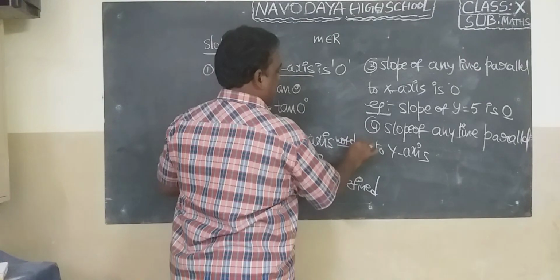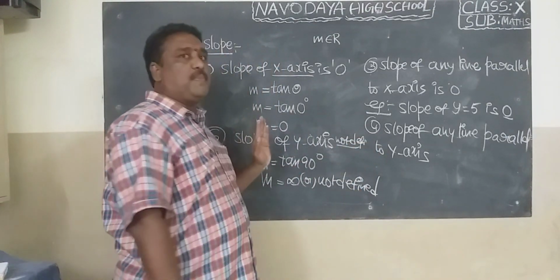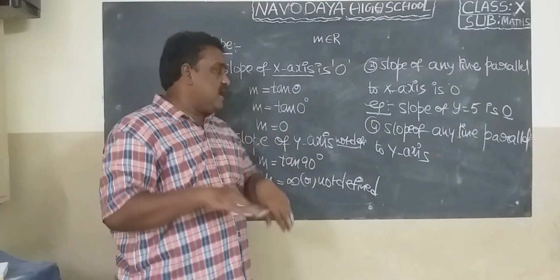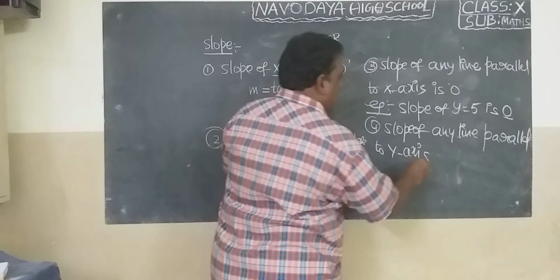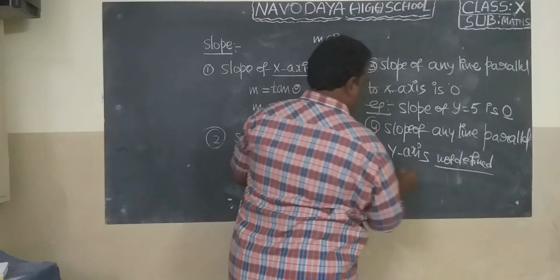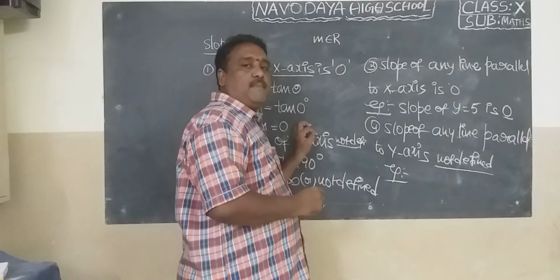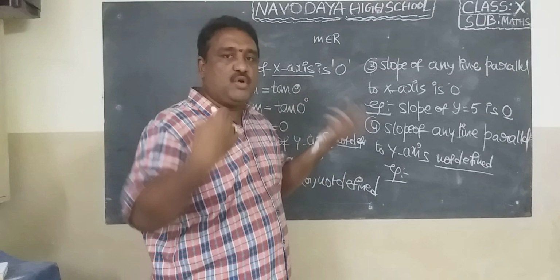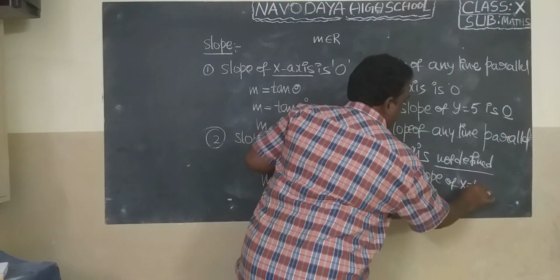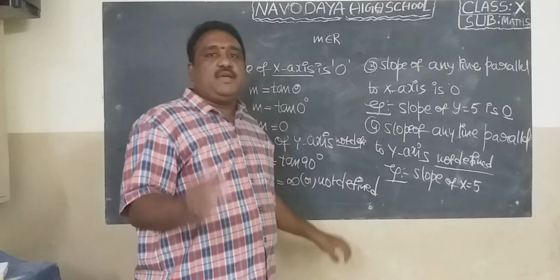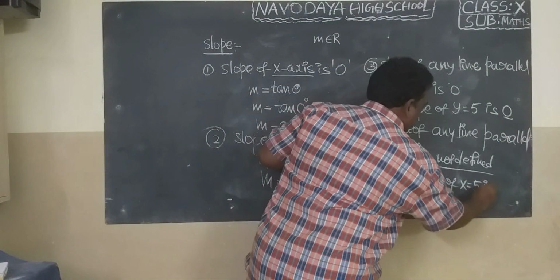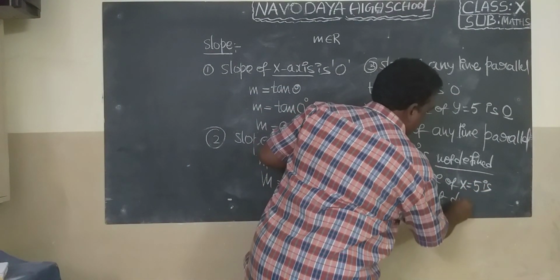Not only the slope of the y-axis is not defined, the slope of any line parallel to the y-axis is not defined. What are the lines parallel to the y-axis? x equal to any number. x equal to 5 is a line parallel to the y-axis. So slope is not defined.